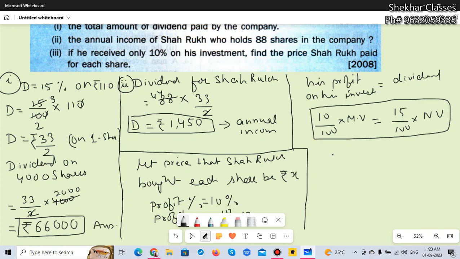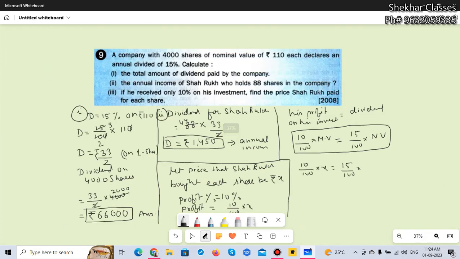So 10% of X is 15% of the nominal value. The nominal value was how much? 110 rupees.